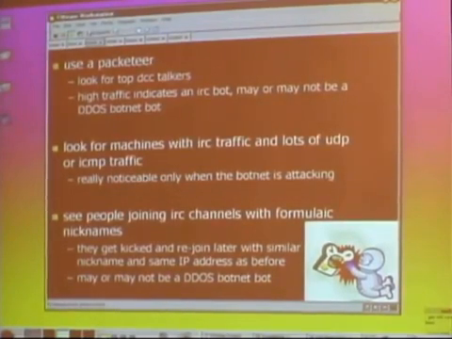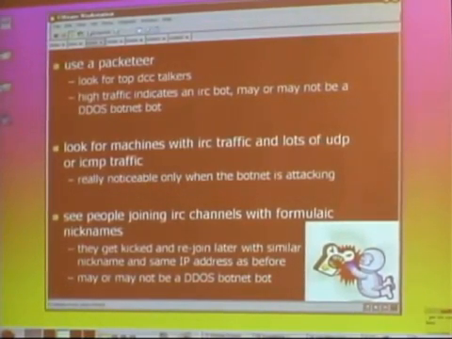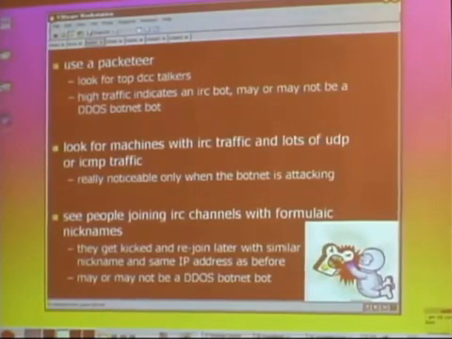Also, you can look for machines with lots of IRC traffic and lots of UDP or ICMP traffic, which indicates they're attacking with UDP or ICMP attacks. That's only really noticeable when the botnet is attacking. So you could either say all people who use IRC are bad, and look for all those people and then sniff their traffic and see who they're talking to and what embarrassing secrets they're sharing.